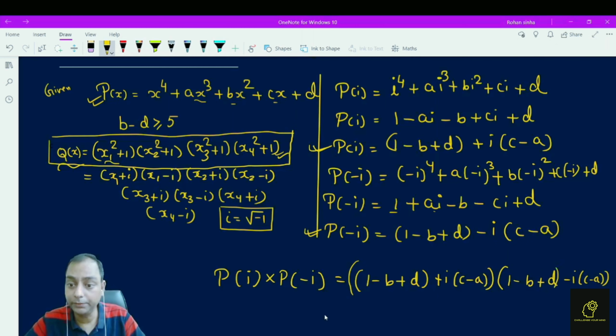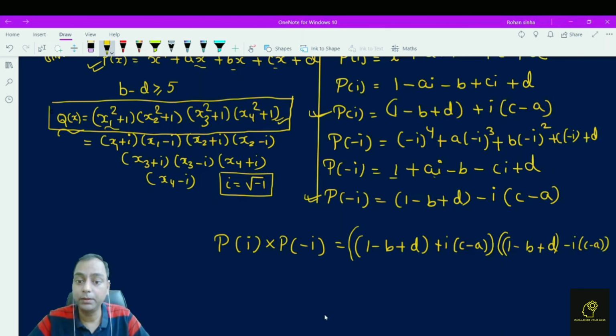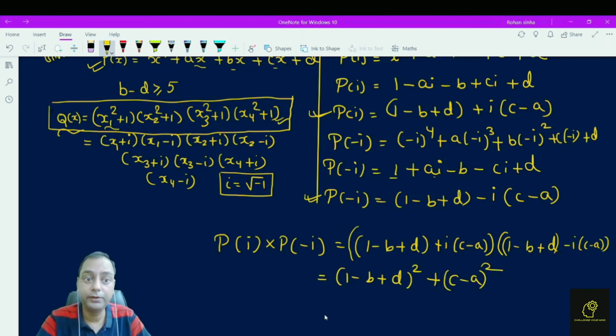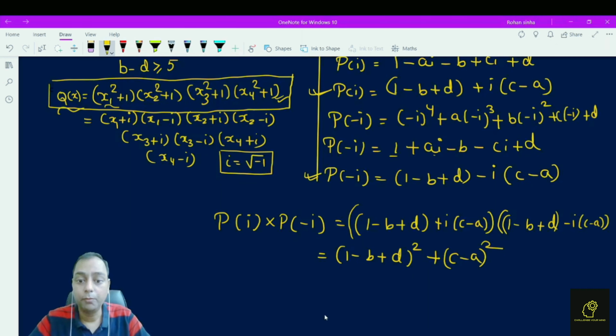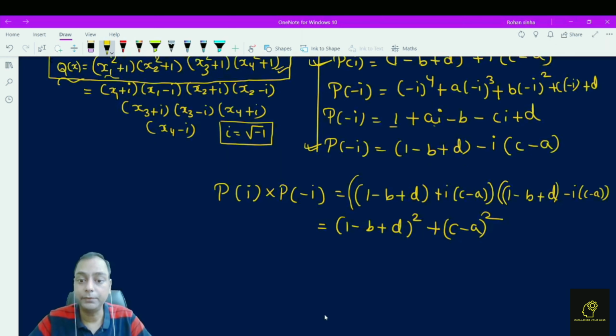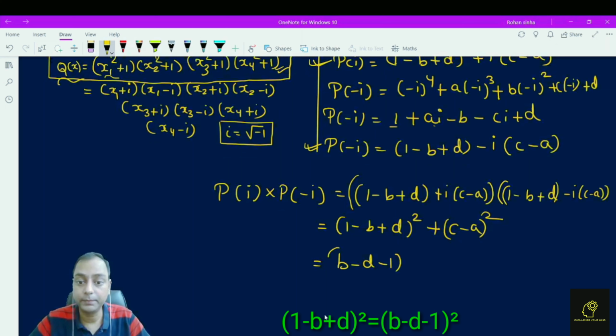So this is equal to (1 minus b plus d) whole square minus i^2 (c minus a)^2, so this is (c minus a) whole square. And what is given? It is given that b minus d is greater than or equal to 5. And we know that this is the same as (b minus d minus 1) whole square plus (c minus a) whole square.